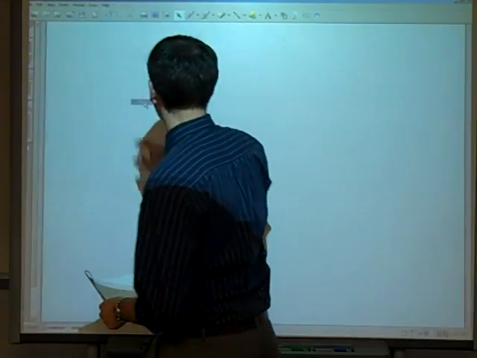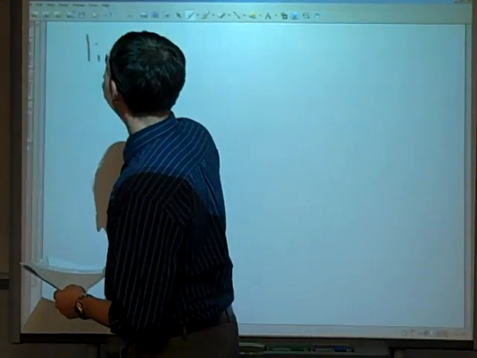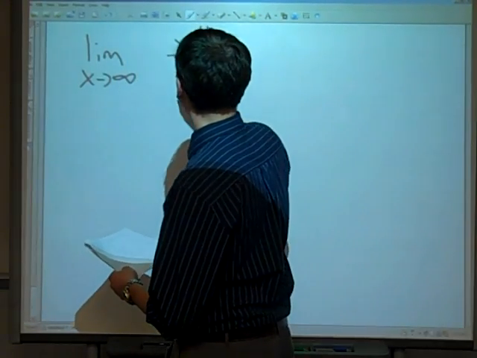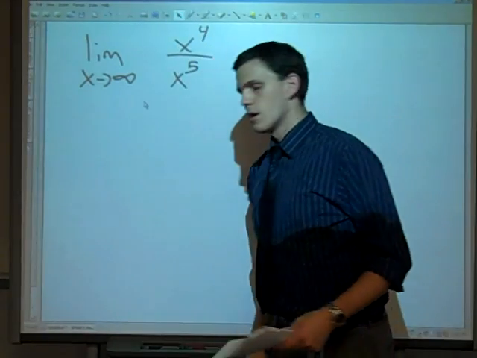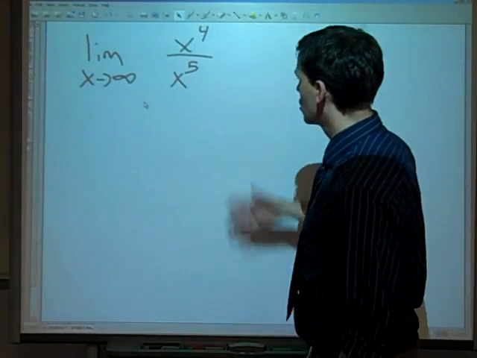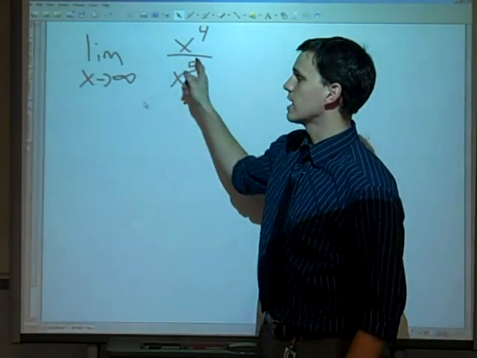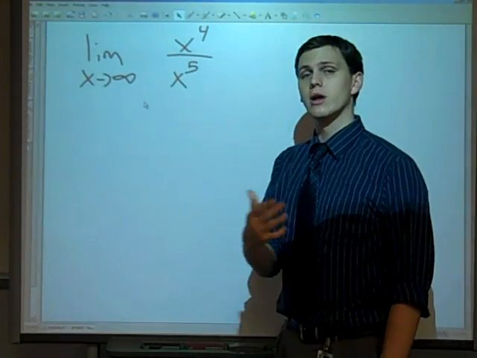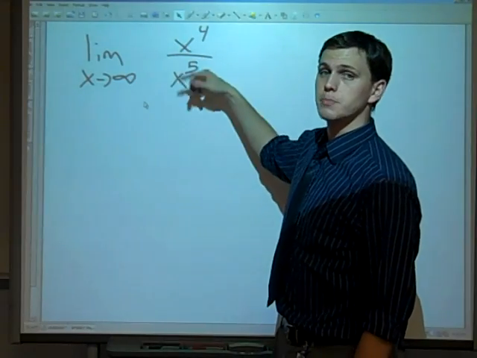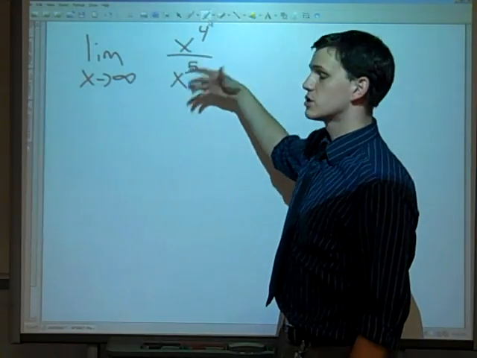If I take the limit as x goes to infinity of x to the 4th over x to the 5th. This is a silly example because we can just use Coach Bruce laws to answer this. Coach Bruce law says that for any limit as x goes to infinity, the degree in the denominator is bigger than the degree in the numerator, so this is going to go to 0.